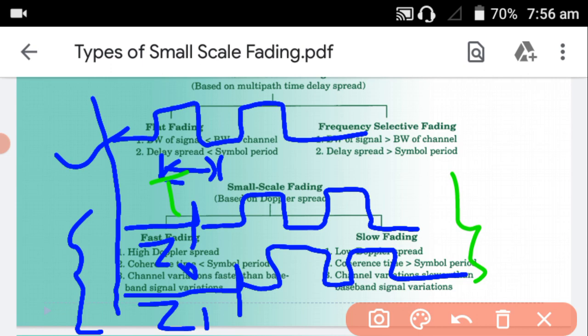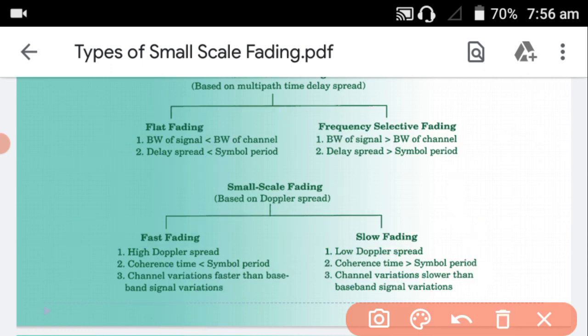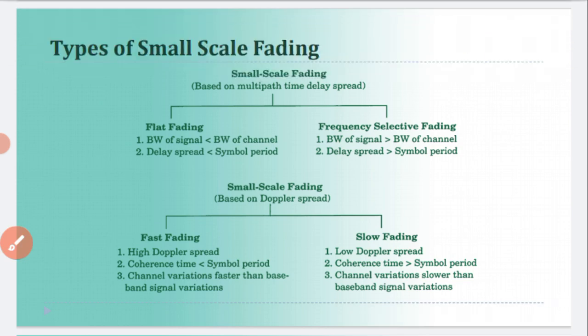And if we consider the frequency selective fading, this delay spread is greater than the symbol period. Okay, hope you understand the concept of this small scale fading. So first, flat fading, the bandwidth of the signal will be less than the bandwidth of the channel, so there is a chance for fading effect.